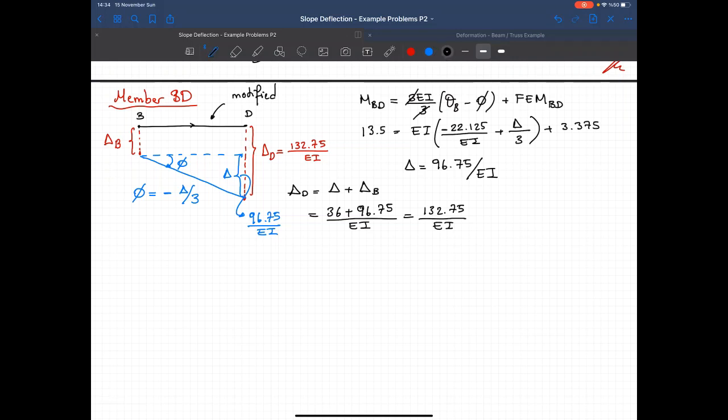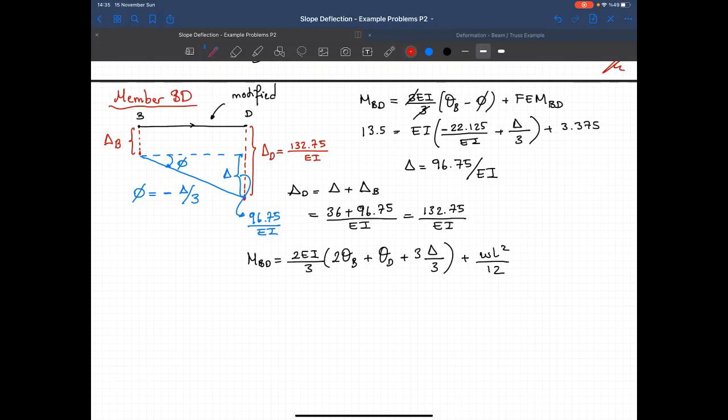Now if you want to calculate the rotation at point D, then you can write down the classical slope deflection equation, MBD equal to 2EI over 3 times (2 theta B plus theta D minus 3 delta over 3) plus WL square over 12.